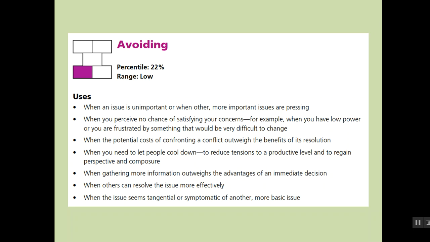When you need to let people cool down, to reduce tensions to a productive level and to gain perspective and composure. When gathering more information outweighs the advantage of an immediate decision, when others can resolve the issue more effectively, and when the issue seems tangential or symptomatic of another, more basic issue.